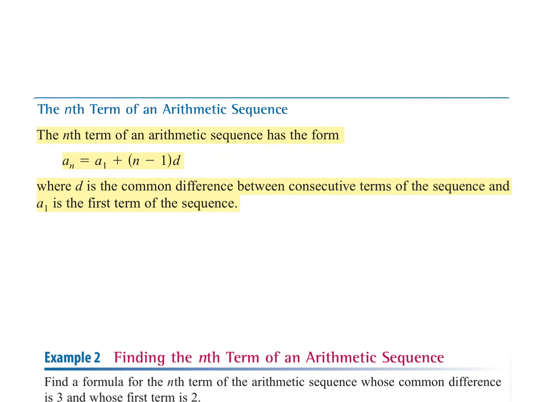The nth term of an arithmetic sequence has the form a sub n is equal to a sub 1, which is our first term, plus n minus 1 times d. n is the term that we're on, so the term number, and d is our common difference. So this is one formula we can use.